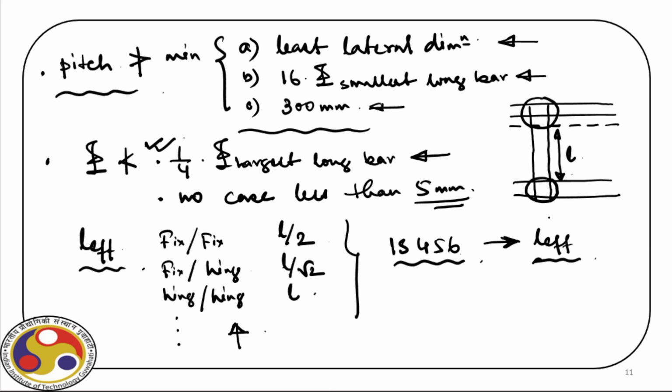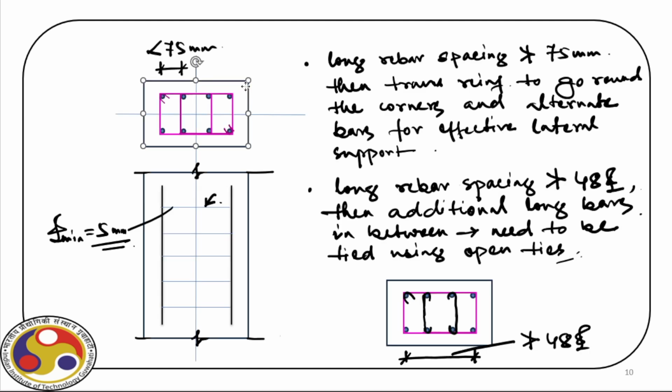Right. Now with this background, let us quickly design a cross section and see what is the capacity for a rectangular column. So let us consider a rectangular column.